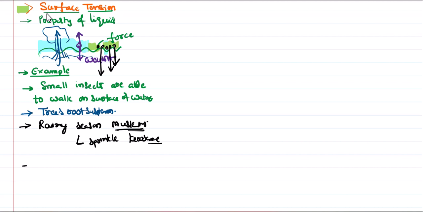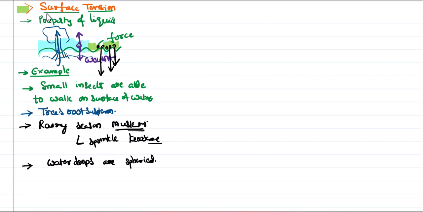There are so many examples that we see of surface tension. Like water drops, particularly small water drops. They're all spherical. They don't have any other shape. If you sprinkle water into the air, the small drops get that spherical shape. That's because of the surface tension.